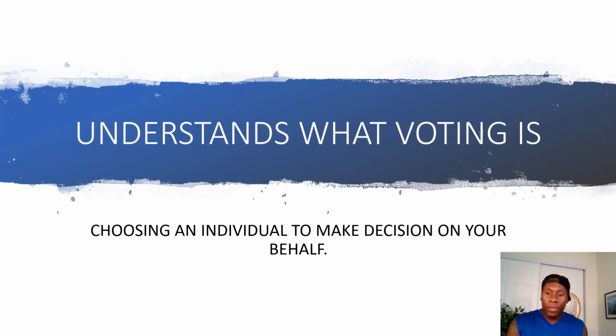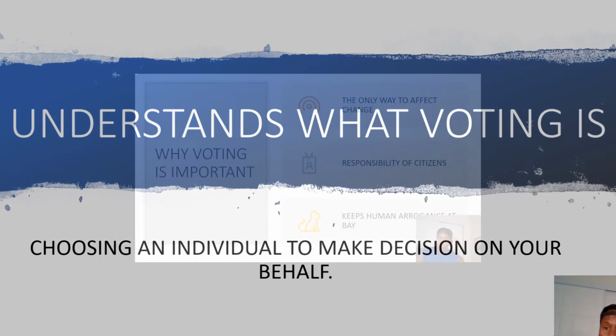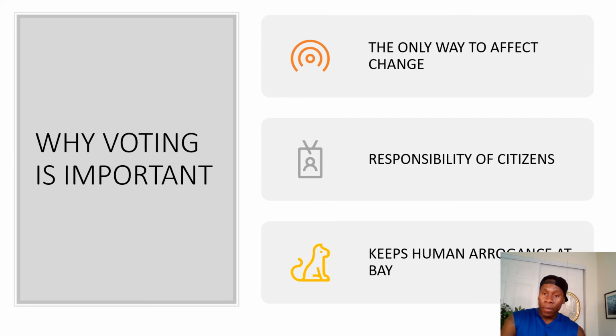Now let's move to understanding what voting actually means. It's basically choosing people to make decisions on your behalf, which is why it's important to make sure that who you vote for is somebody you would actually trust to make decisions. That is why voting is really important.